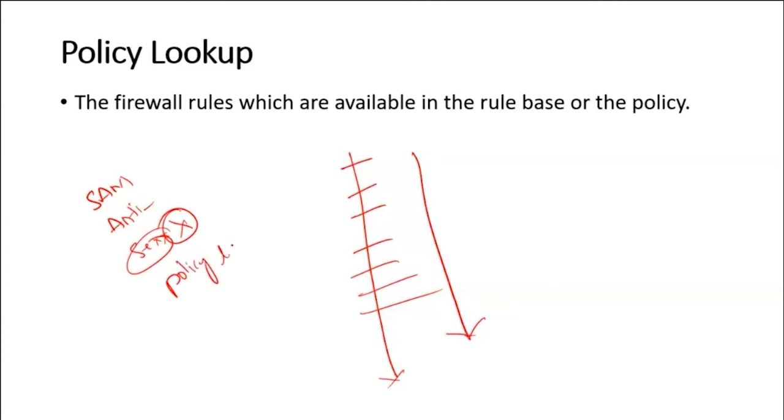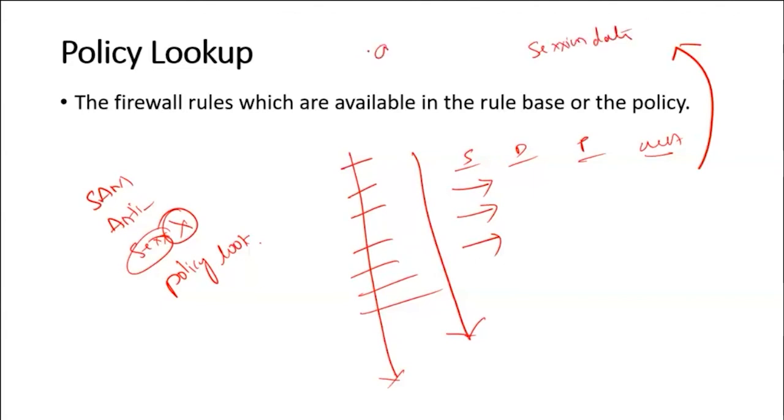Policy lookup checks from top to bottom with regard to source, destination, port, and action. So we have some set of things in the firewall rule, and the traffic goes through the rule. Then it will save it into a database called the session database.